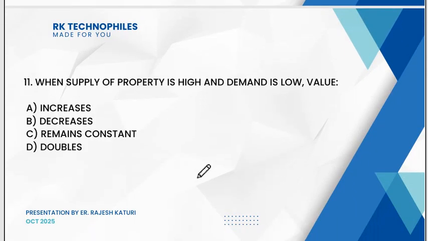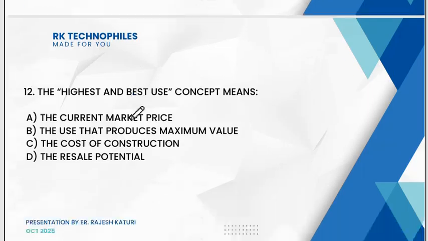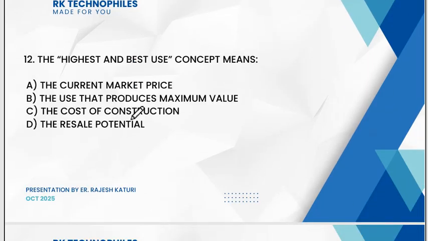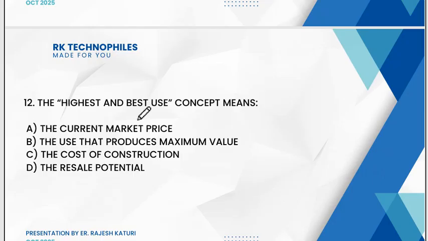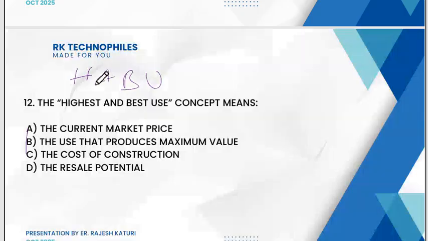11th question. When supply of the property is high and demand is low, value will obviously decrease. The highest and best use concept means, actually it's a very famous concept, you might have known it, HABU. It is called HABU.